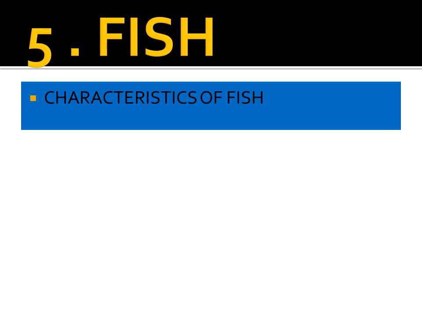Pupils, up to that point, we have come to the end of our science lesson, whereby we have looked at characteristics of birds, characteristics of reptiles, characteristics of amphibians, and the characteristics of fish.